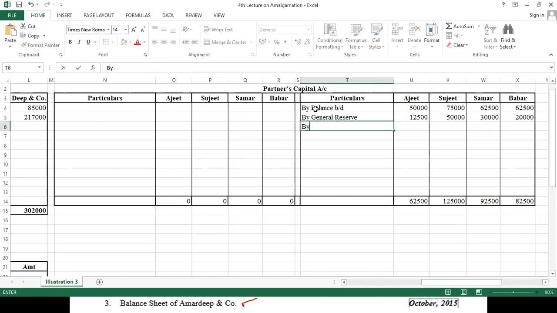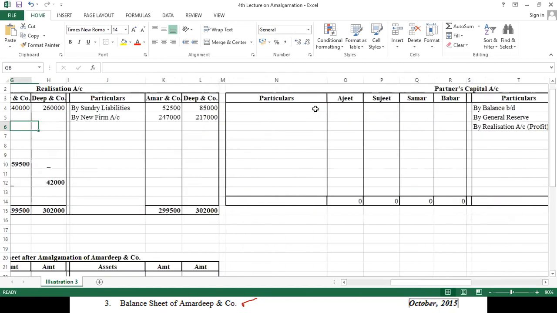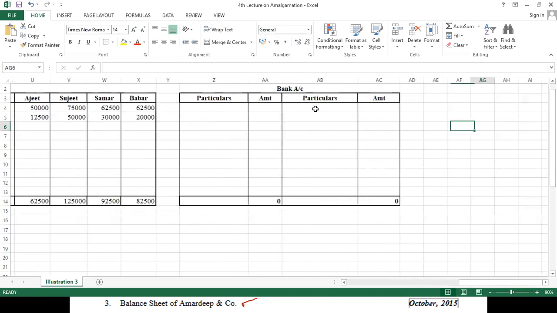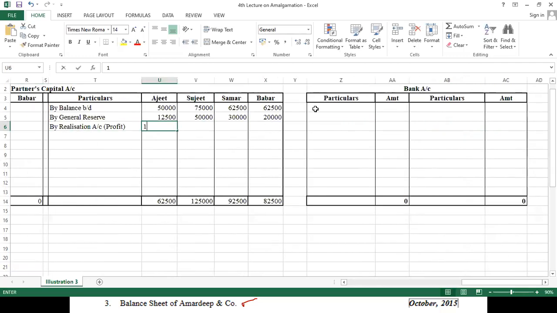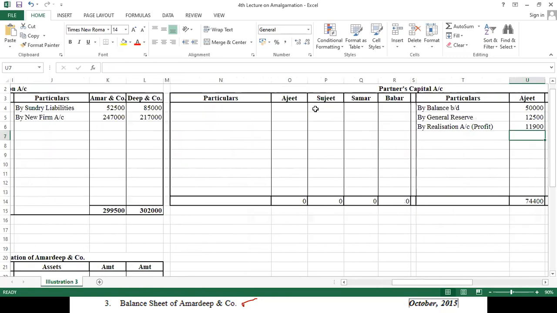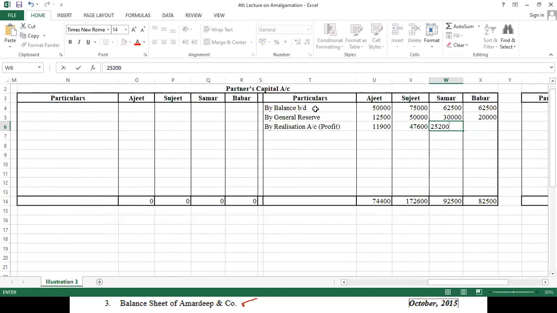Apart from that, on this side we have by realization account, within a bracket we will write profit. ठीक है, अजीत सुजीत समर और बाबर का प्रॉफिट देखिए, so 11,900 and 40,... 11,900 कहाँ गया, 11,900 और यहाँ पर हो गया 47,600 और यहाँ पर था 25,200 and 16,800 if I'm not wrong. ठीक है, 16,800 था.